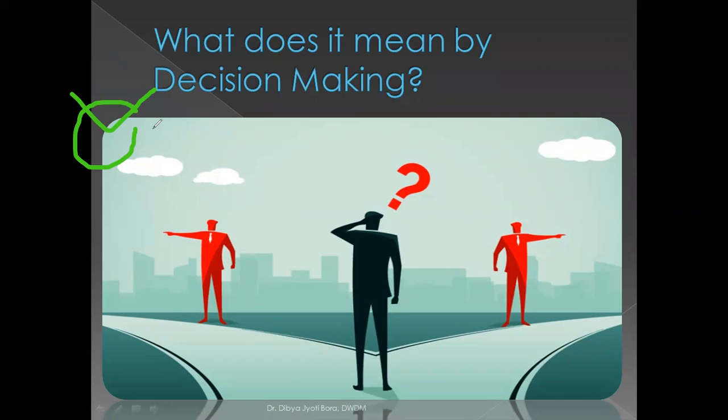Now the black colored dress person could be confused about whom he should listen to, or to which side he should proceed. Here he needs to make the decision about which side or which direction will be the right direction or right path for him.